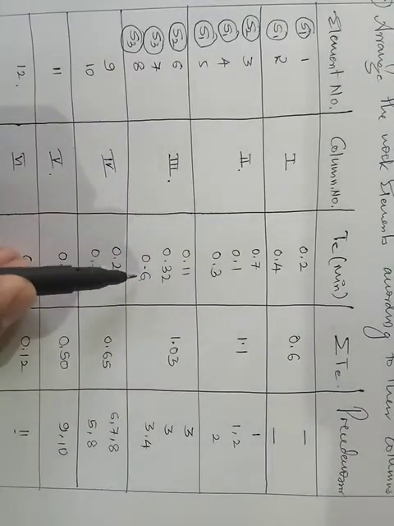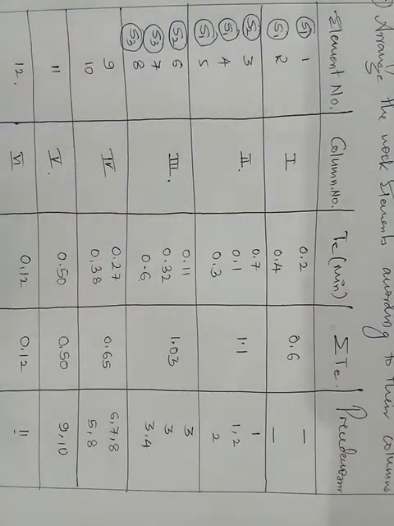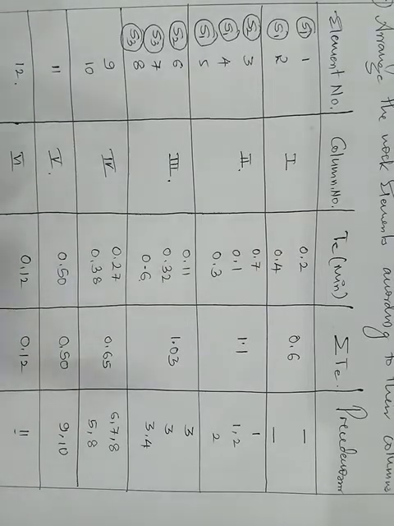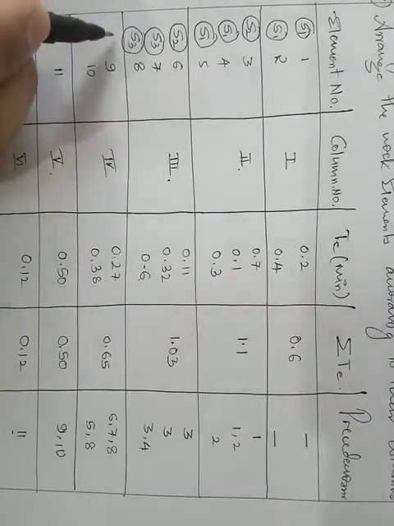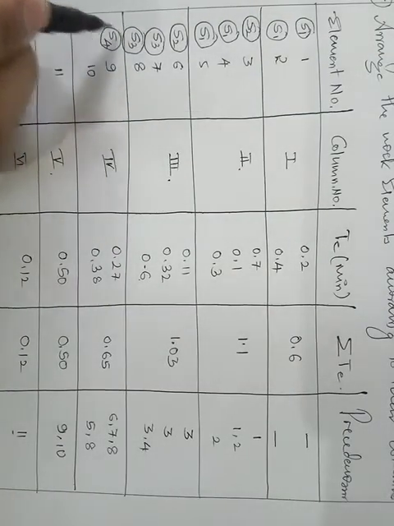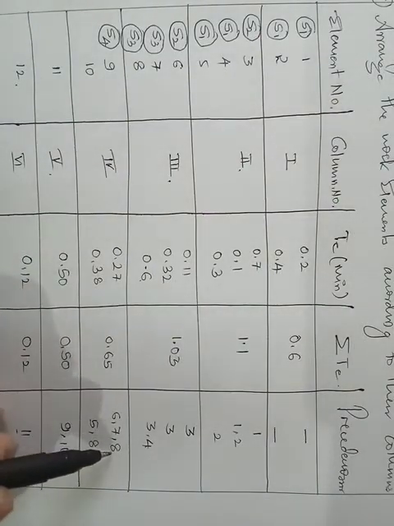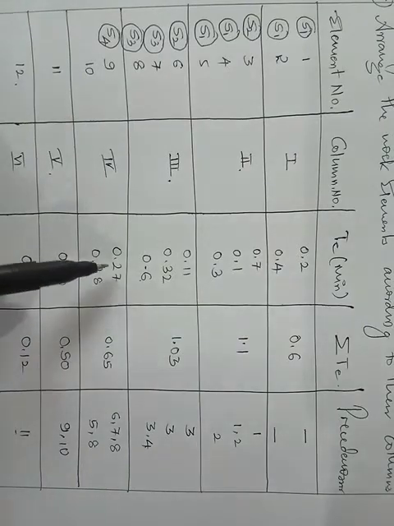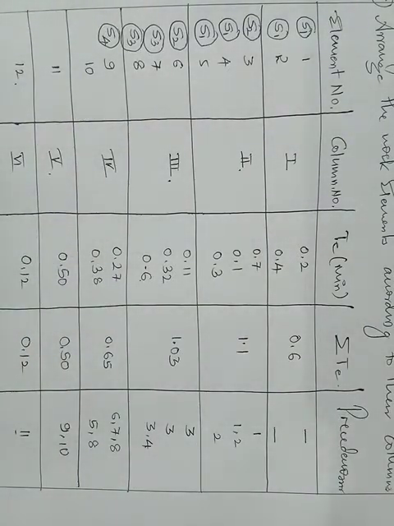So 0.32 plus 0.6 is 0.92, right? Now still 0.08 is remaining, and there are no elements which are less than 0.08, so that is the end of station 3. Next you go for station number 4. For station number 4, I can give this as station number 4. Why? 6, 7 and 8 all are completed, and 0.27 is less than 1.